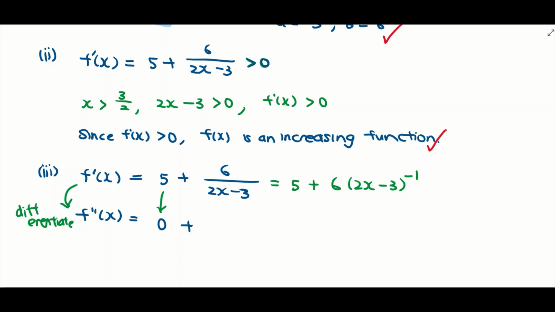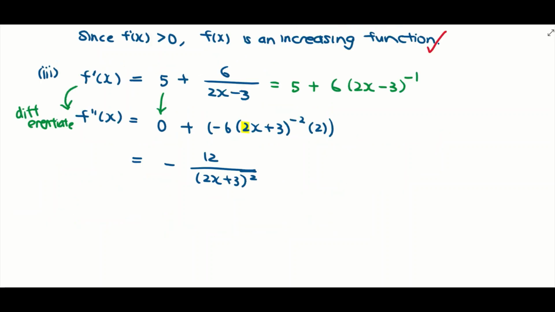But differentiating the second one, I bring down power, keep the terms, power minus 1, multiply by terms inside. Then differentiate terms inside, which is 2. I should simplify this. This will be my f prime prime, negative 12 over (2x minus 3), whole thing squared.